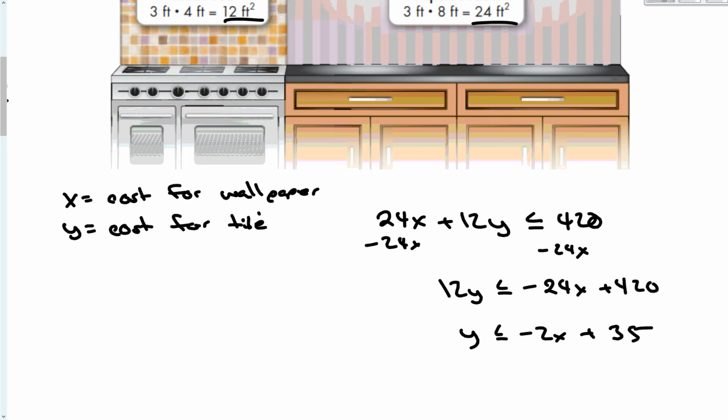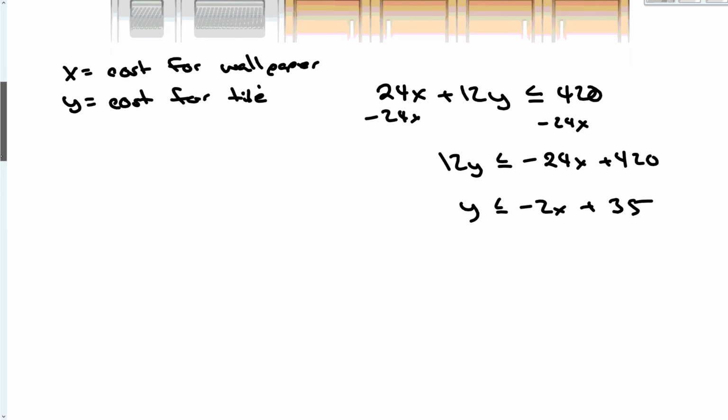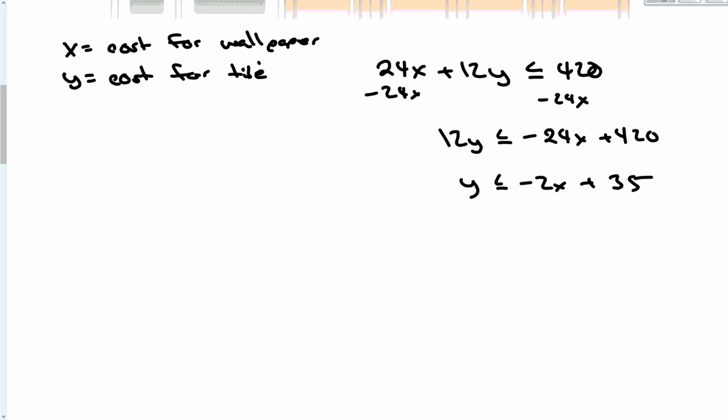So let's now think about what this graph would actually look like. When we make a graph, we know that it's going to have an intercept of, let's make this 5, 10, 15, 20, 25, 30, 35. So we're going to go by fives.